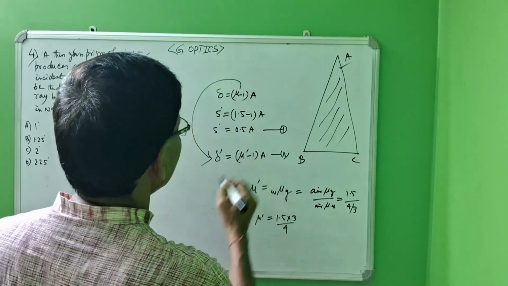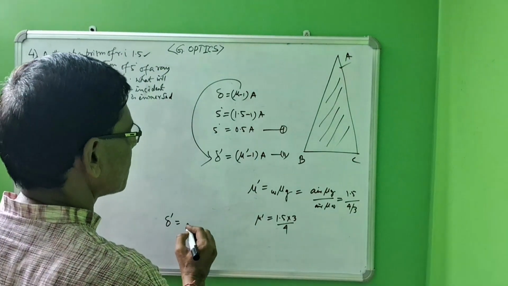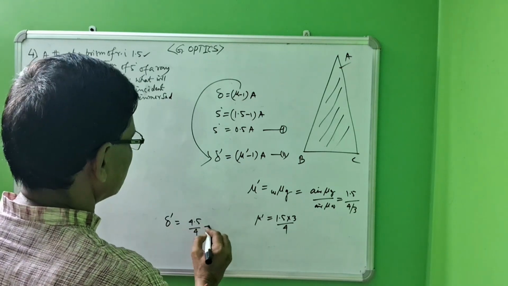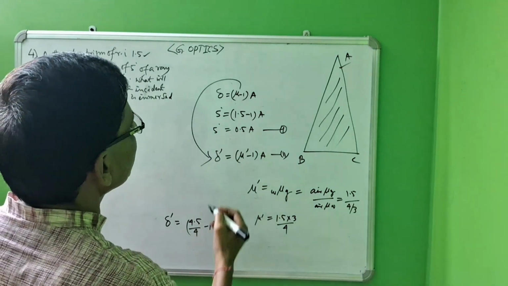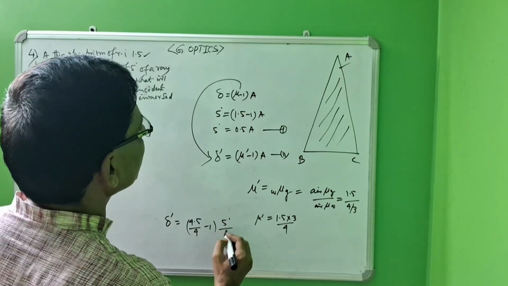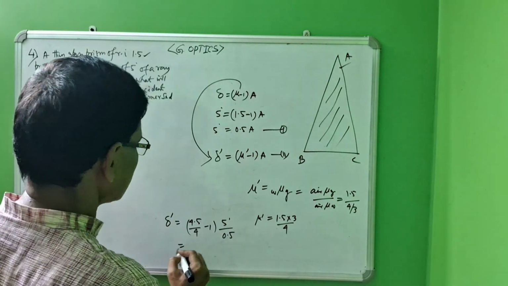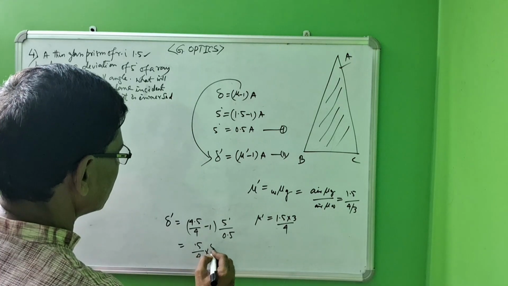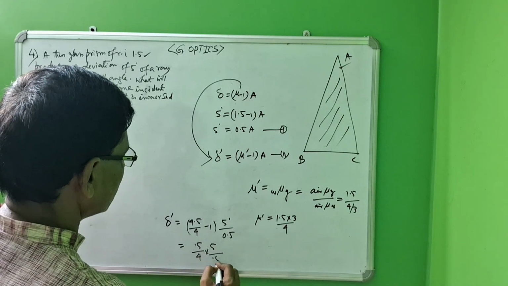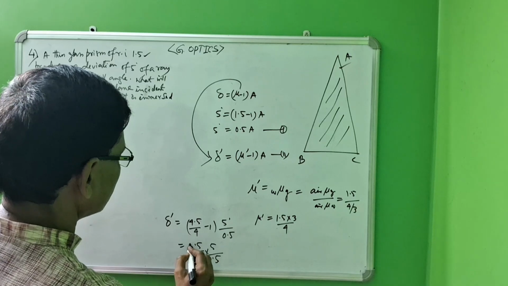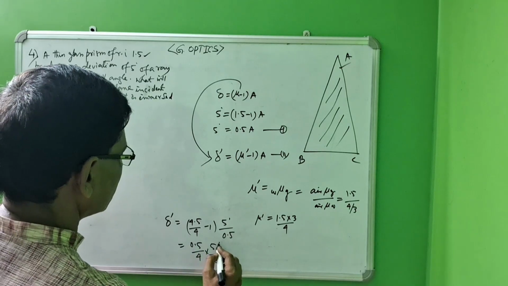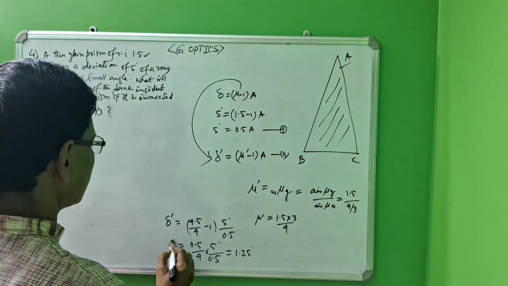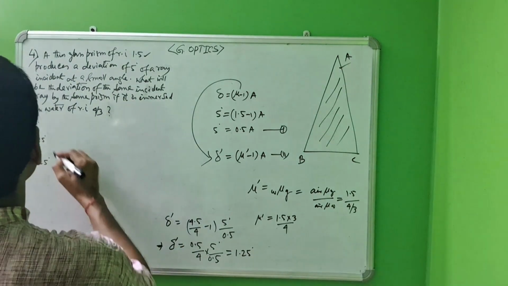Mu dash put here, we get delta dash equals (mu dash minus 1) whole into A, equals 5 degree upon 0.5, equals 1.25 degree. So answer B.